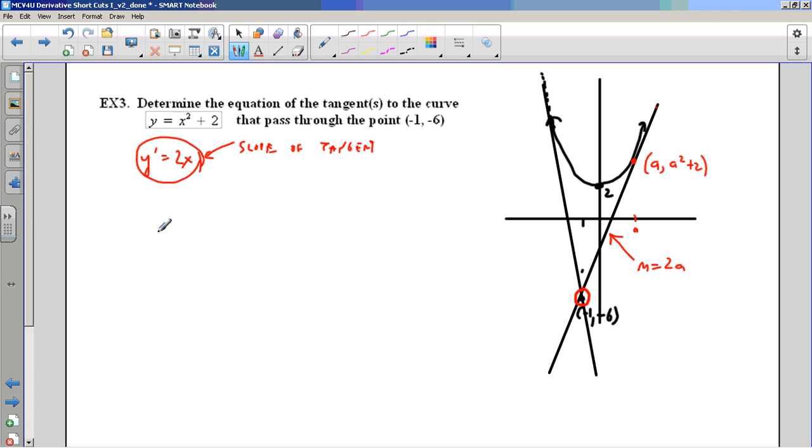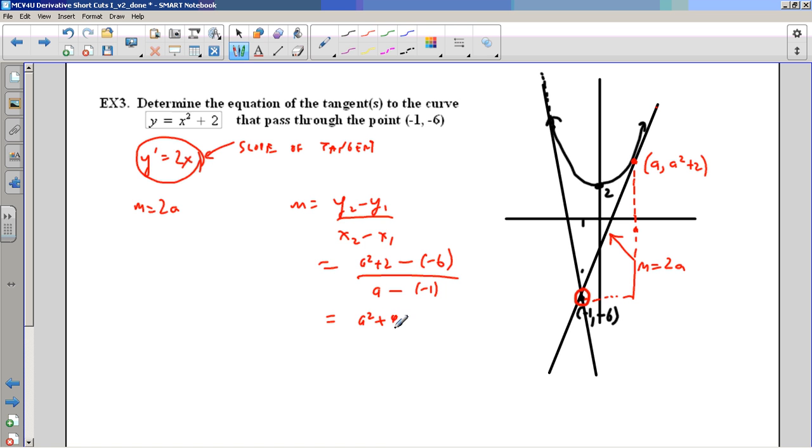Okay, well, that's great, but how does that help? Well, notice, good old grade 9 style, the old rise over run. What's the slope of this line? Well, I've got 2 points. So the slope of this line is 2A, but the slope is also, good old grade 9 stuff, y2 minus y1 over x2 minus x1.